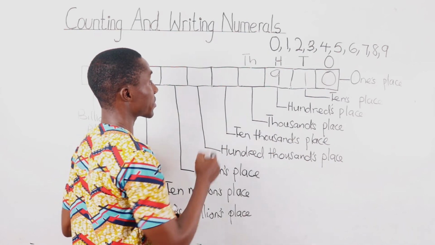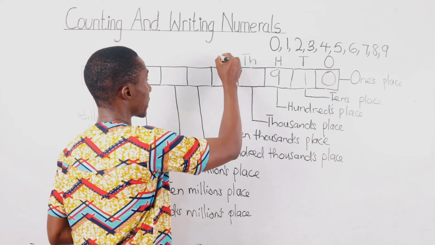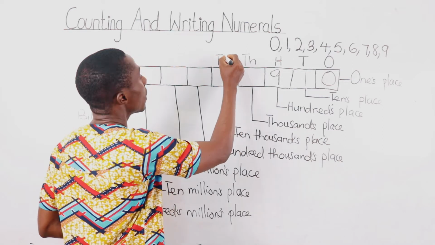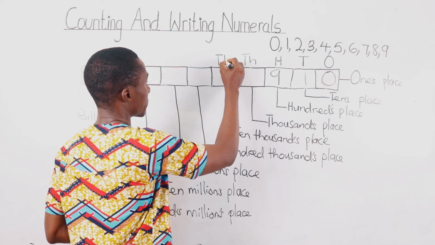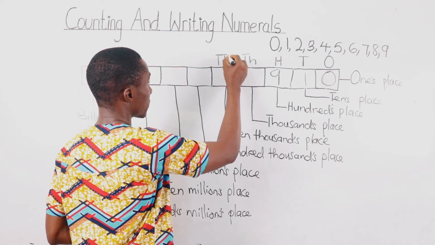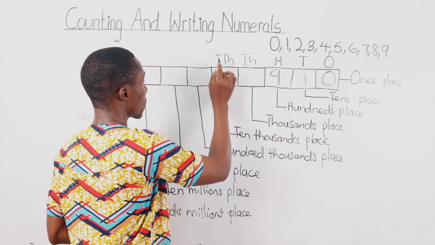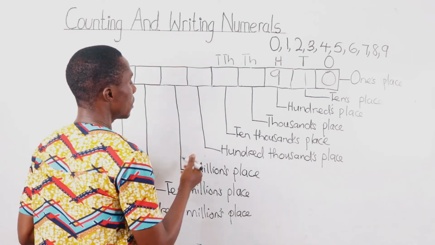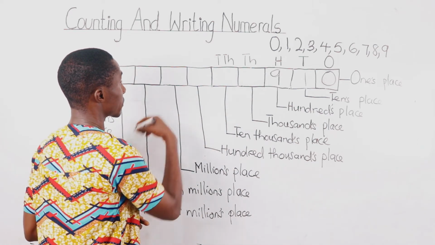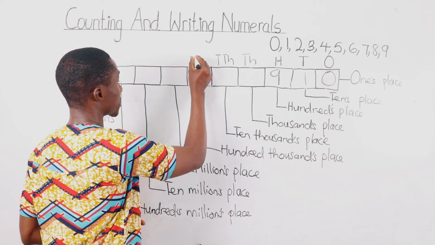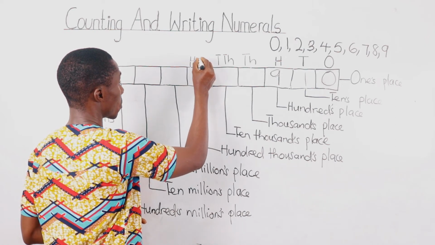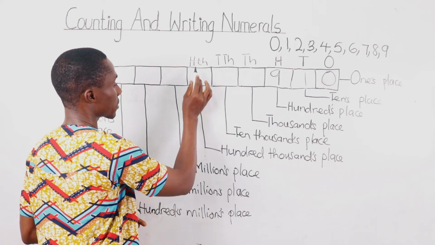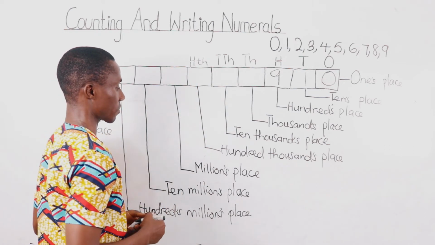And for the next number place, we write capital T, another capital T, and a small h, which stands for 10,000s place. And the next number place, we write capital H and small t h, which stands for 100,000s place.